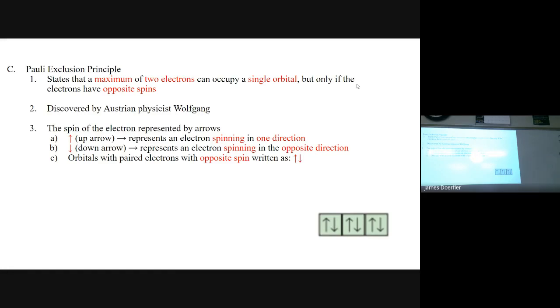How many boxes would you make for the d orbital? Who said that? Perfect. 5. There are 5 orbitals in the d orbital. And so what's the max number the d orbitals can hold? 10. Awesome.